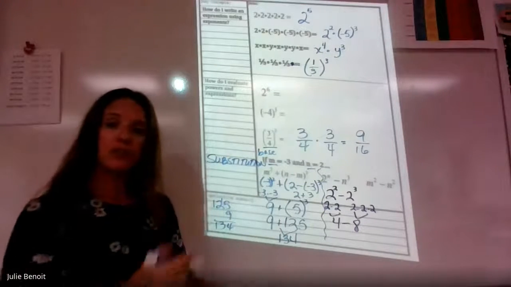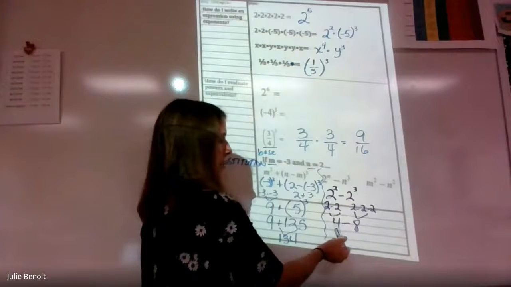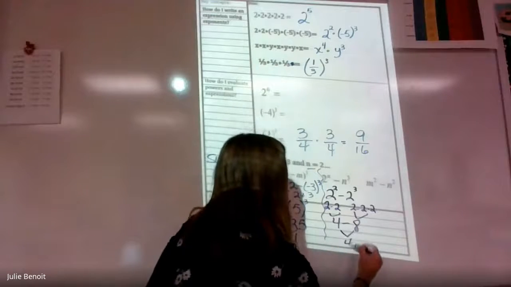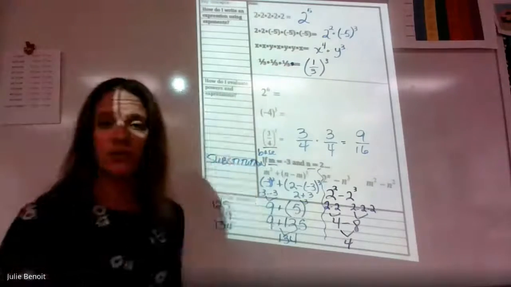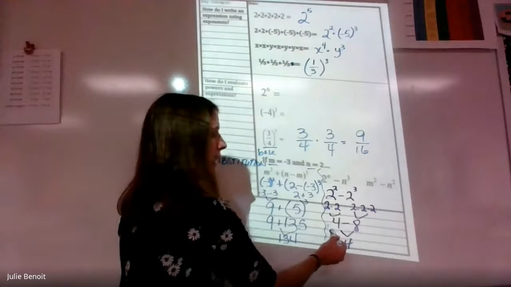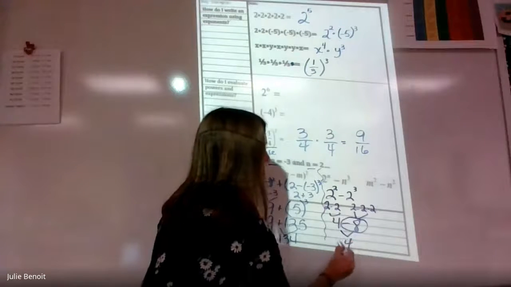Think back to your integers from 7th grade. This is a battle, positive and negative. Subtract. It's 4. And keep the sign of the integer that has the greatest distance from 0. Which is further from 0, 4 or 8? 8. 8 is negative, so it's a negative 4.